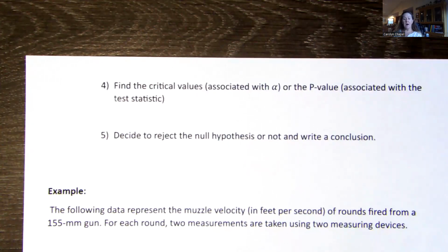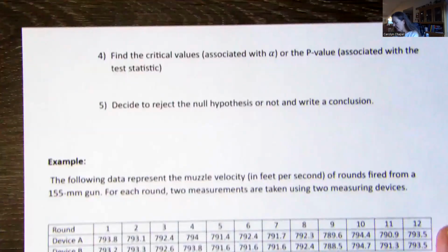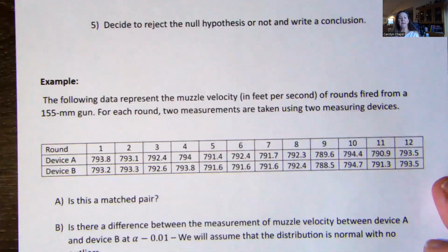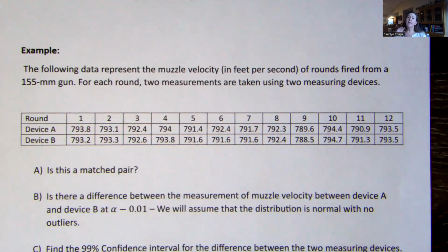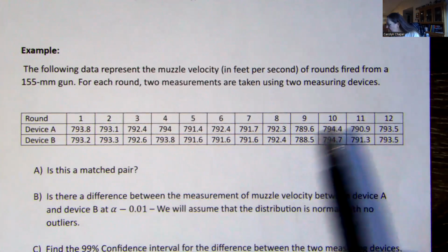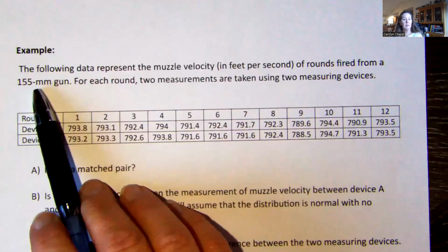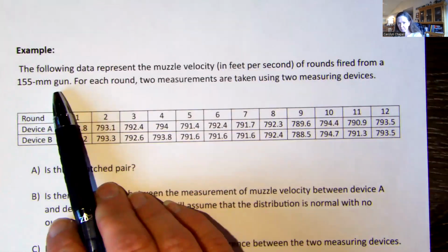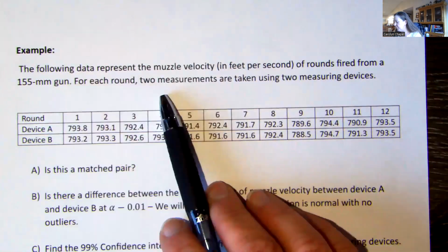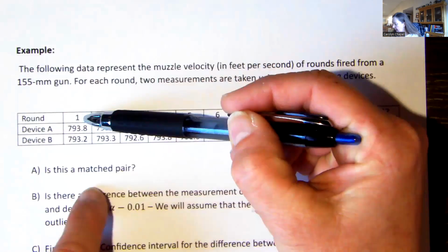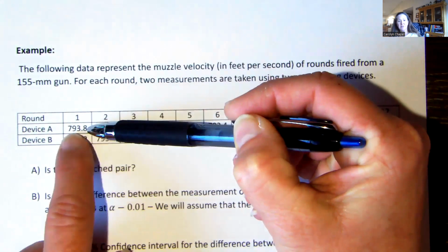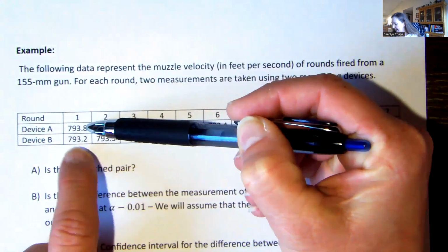All right, so our example that I stole from the textbook is taking a muzzle velocity, and we're using basically rounds fired from a 155 millimeter gun, and we're measuring it with two measuring devices. So here is one shot, measuring device A and measuring device B, measuring the same shot.